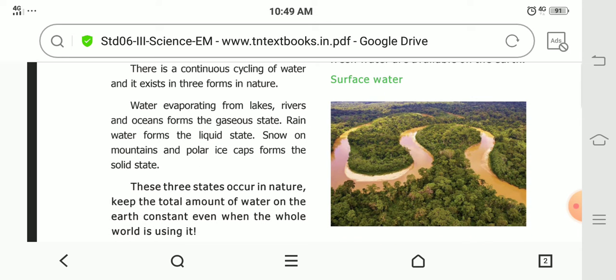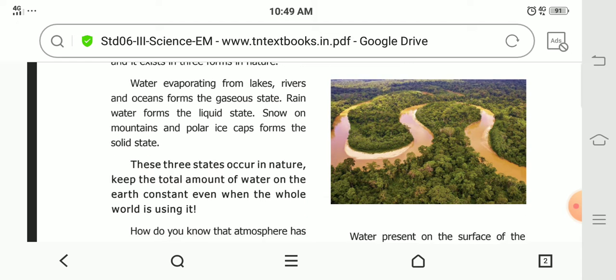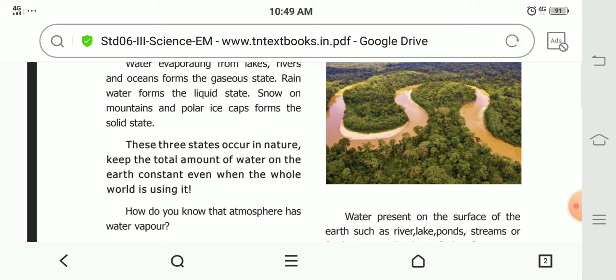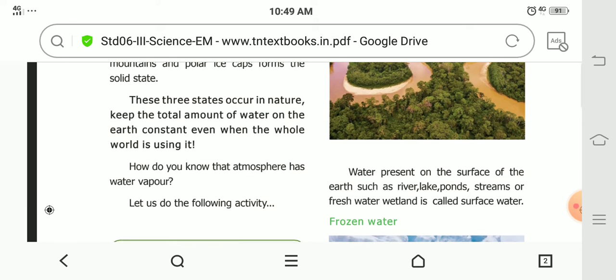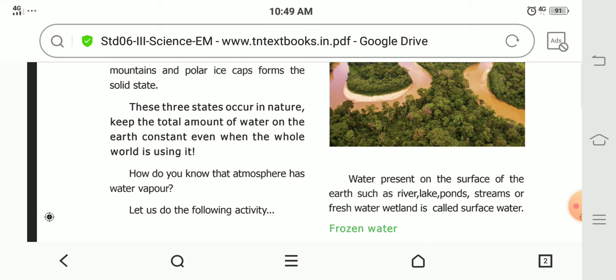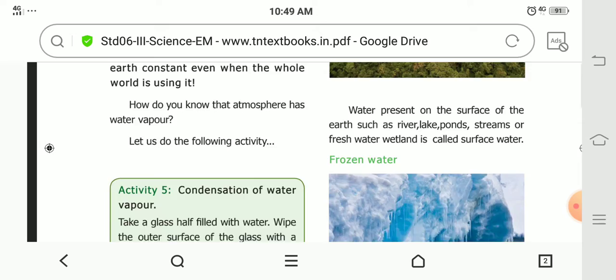Rainwater forms the liquid state. Snow on mountains and polar ice caps forms the solid state. These three states keep the total amount of water on the earth constant even when the whole world is using it. How do you know that the atmosphere has water vapor?